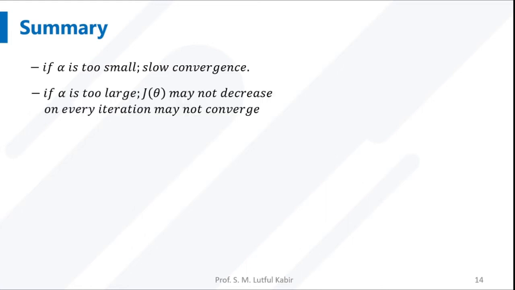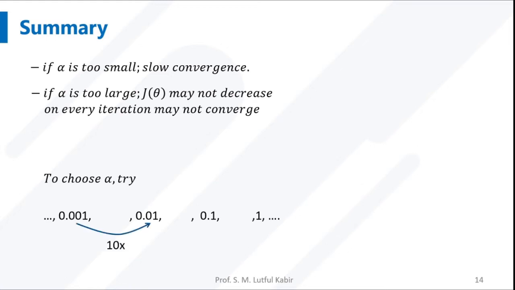So let us summarize our discussion on alpha. If alpha is too small, slow convergence. If alpha is too large, J(theta) may not decrease on every iteration and may not converge. To choose alpha, try different values like 0.001, 0.01, then 0.1, and then 1. Every time you will calculate J(theta) and see how the convergence occurs.